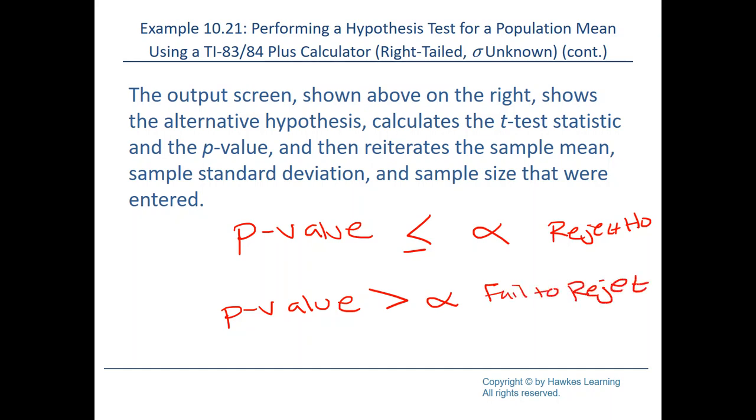Now, I understand the word reject shows up more than once, so think of it as you're either guilty or not guilty. When you go through the court system, we never say guilty or innocent. We say you're guilty or not guilty. So there's either enough evidence to say you're guilty, so we reject the null, that's our guilty, or there's just not enough evidence to say that you're guilty, and that's where we fail to reject.